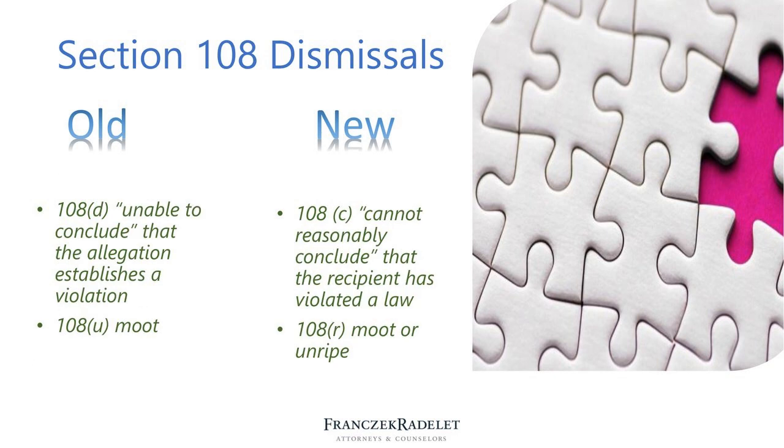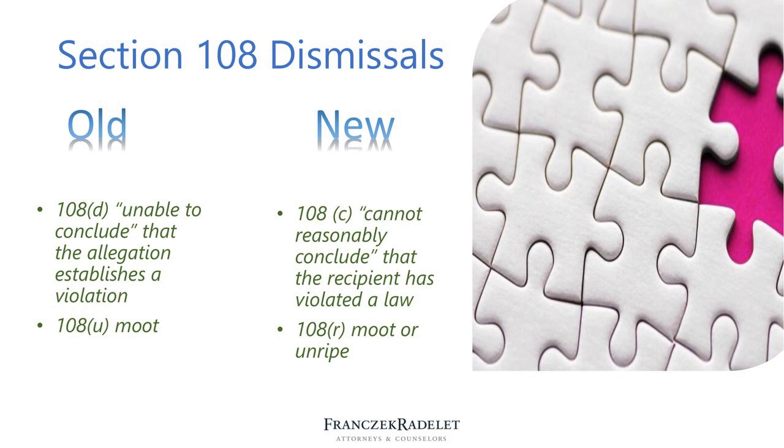Some other changes with respect to dismissals relate to whether you're unable to conclude that the allegation establishes a violation. Under the old CPM, there was this language about being unable to conclude that the allegation established a violation. The amendment in November changed this to cannot reasonably conclude that the recipient has violated a law. I think this is lowering the standard.